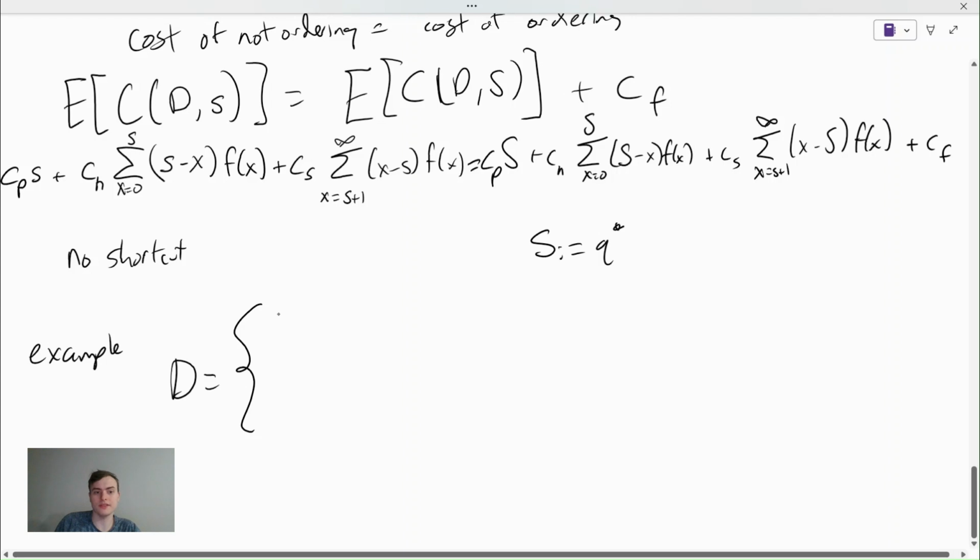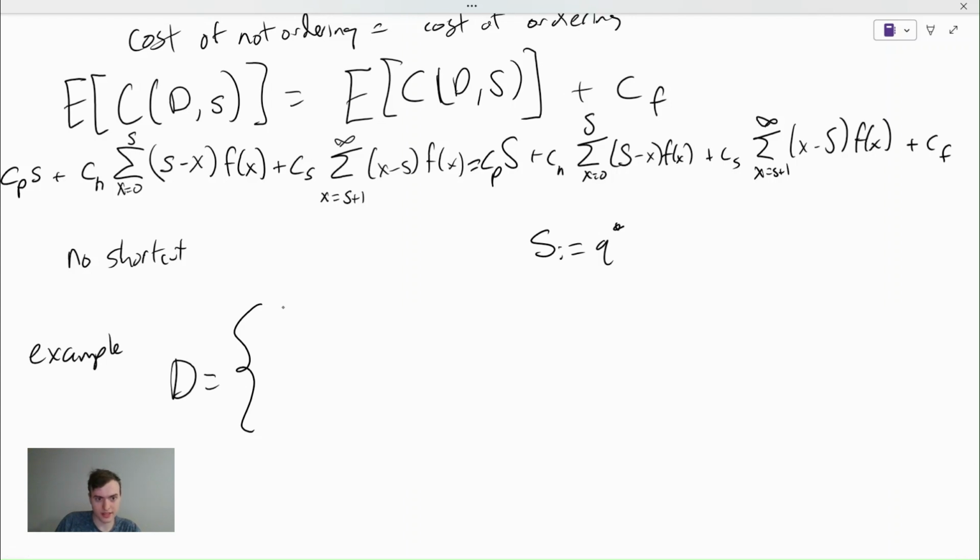Demand equals 10 with probability 1/2, 15 with probability 1/3, and let's say it goes up to 30 with probability 1/6, just so that we get something divisible, right?